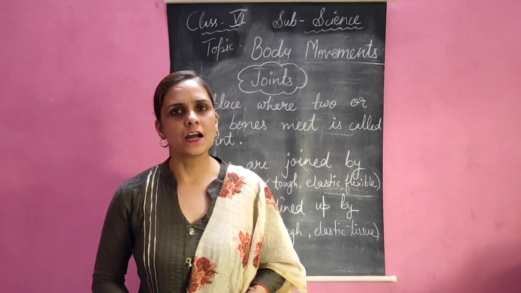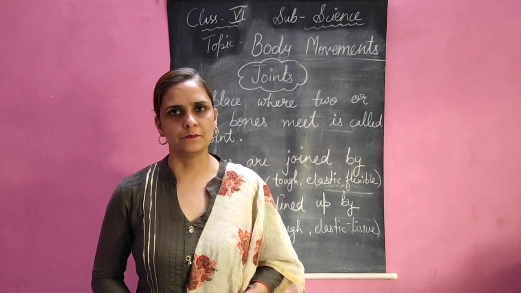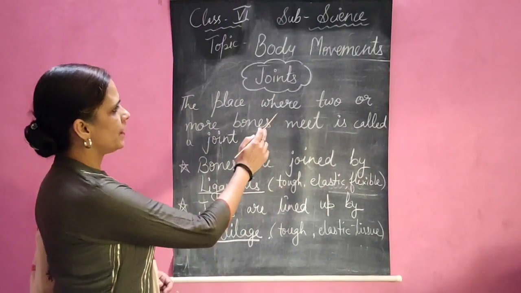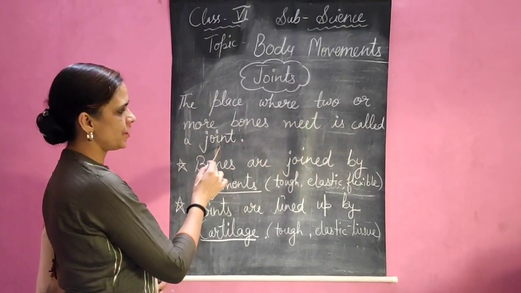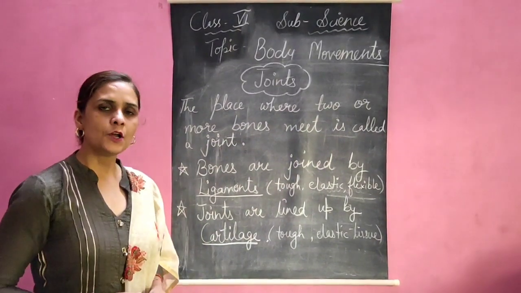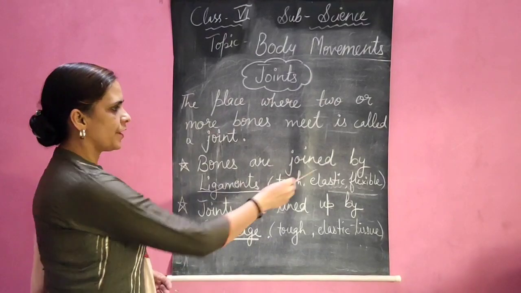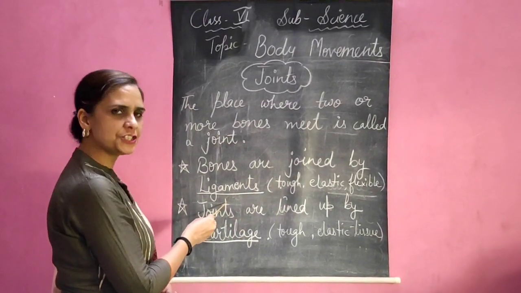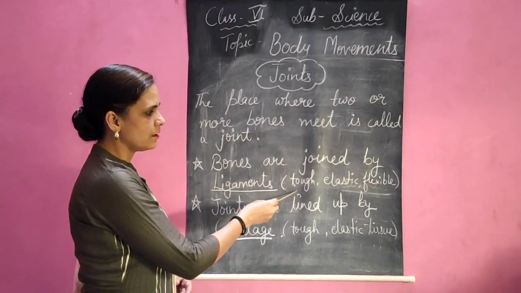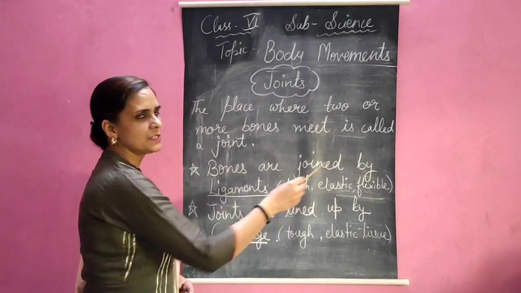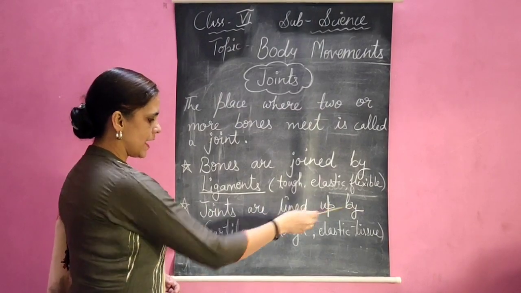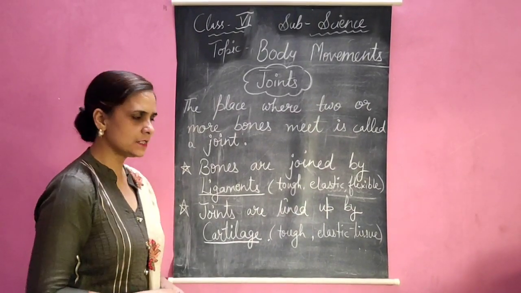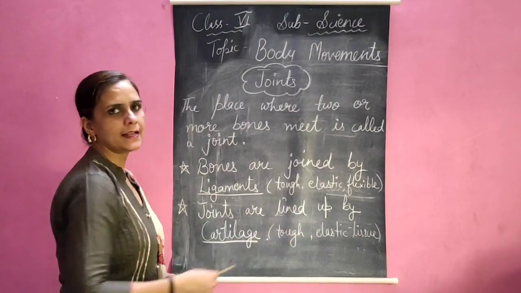Bones are joined at different places. The place where two or more bones meet is called a joint. Children, bones are generally joined by ligaments, which are a tough, elastic and flexible tissue. Joints are lined by cartilage, which is tough and inelastic tissue.